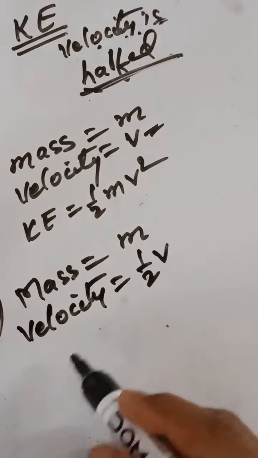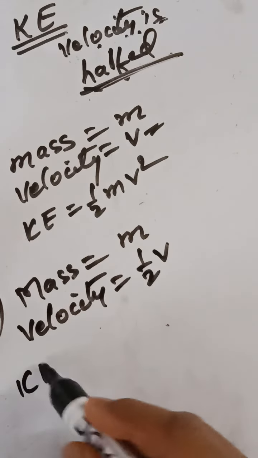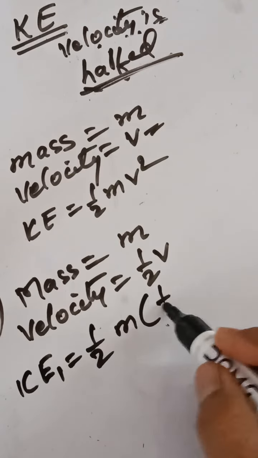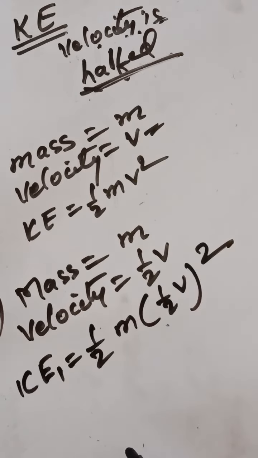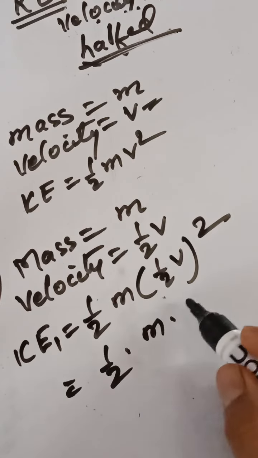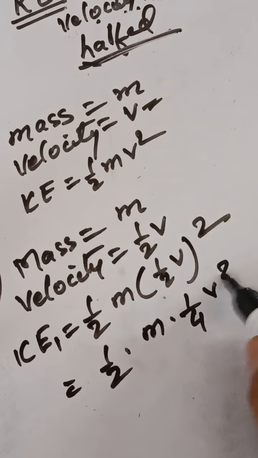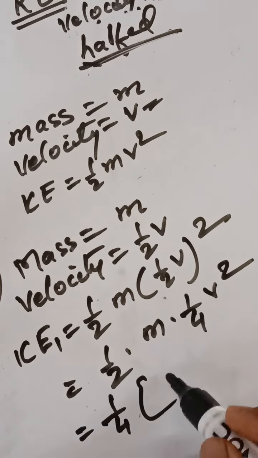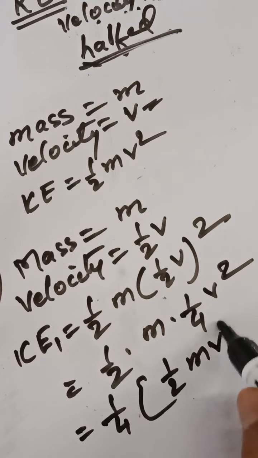Velocity is halved. Now its kinetic energy will become half m into half v whole square, that is half m 1 by 4 v square. We will take this 1 by 4 outside and write half m v square.